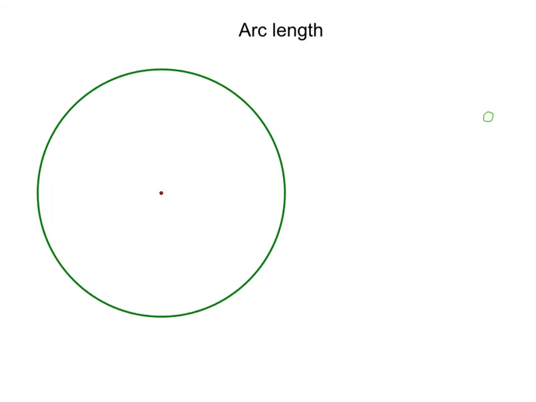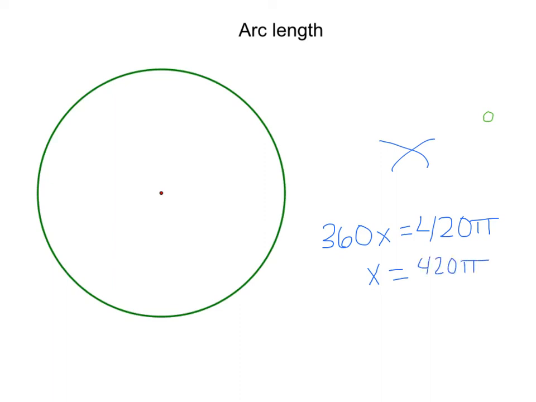If we cross multiply here to solve this equation, we have 360x is equal to 420 pi. So I solve for x. x is equal to 420 pi divided by 360, which if you want to put that in decimal form, is about 3.66.